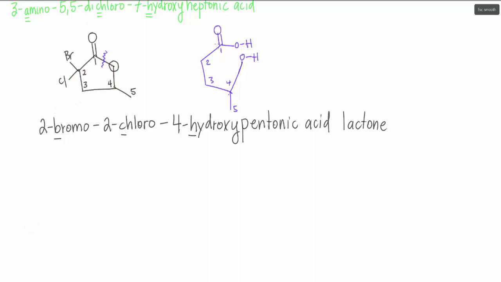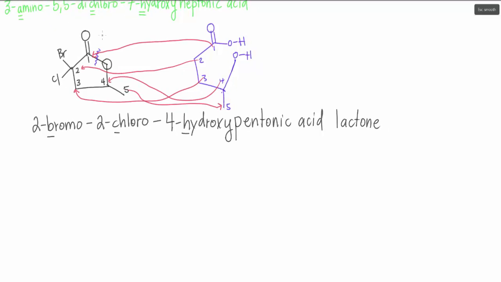So let's just transpose these onto one another. That would be carbon 1. This is carbon 2. This is carbon 3. This is carbon 4. That's carbon 5. And remember, your OH is lost from the carboxylic acid.